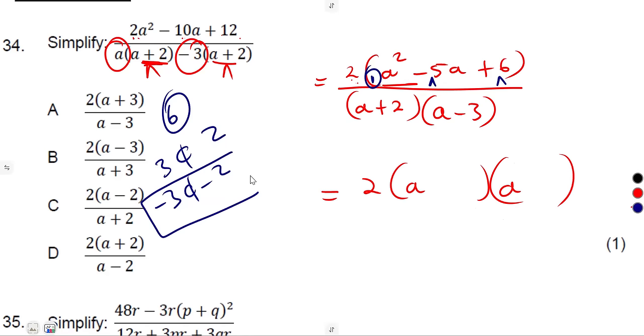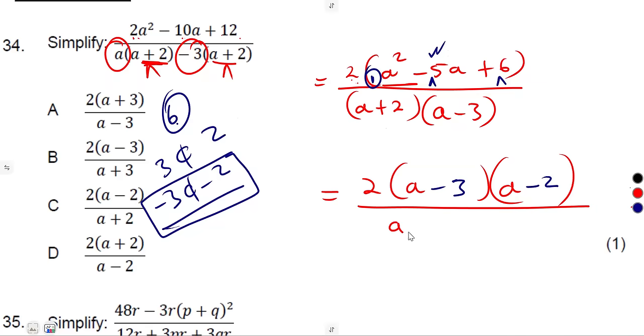If we multiply these two, we get positive 6. If we add them, we get negative 5. This is exactly what we need: negative 3, negative 2. Everything over the denominator, which is given as we factorized before. So that's the idea, guys.